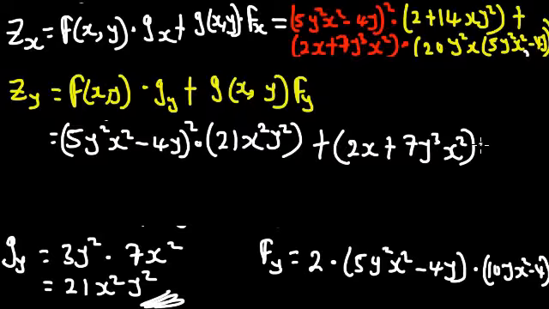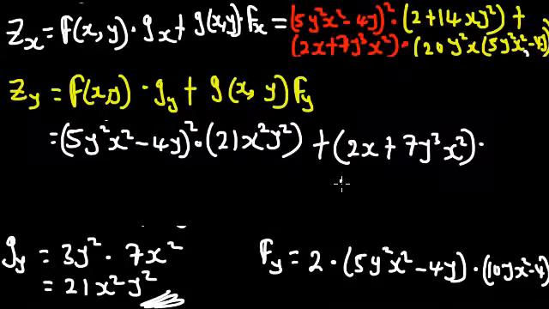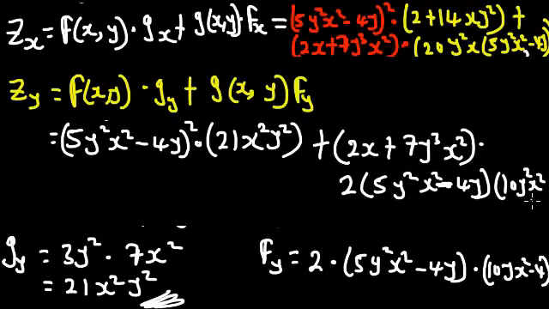Then f sub y is this long expression here, so that's simply 2 times 5y squared x squared minus 4y, then multiply by 10y squared x squared minus 4. So that's f sub y. Well, we can't actually simplify any further except if you want to expand some of these brackets. And that's simply our final solution to z sub y.